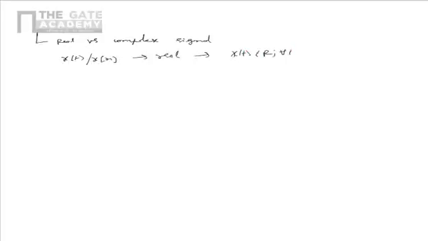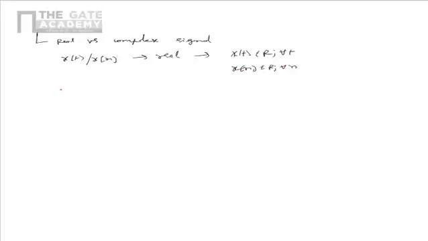Now let us look into the last classification of the signals, that is real versus complex signals. A signal x of t or x of n is called real if it takes only real values, that is x of t belongs to R for every t and x of n belongs to R for every n.